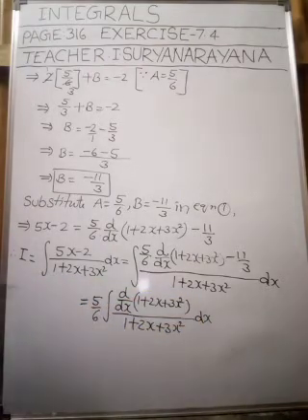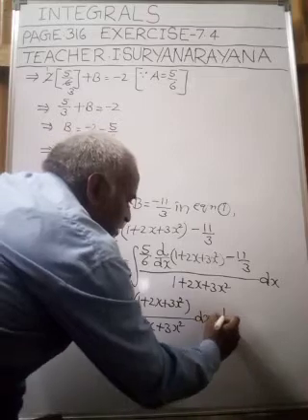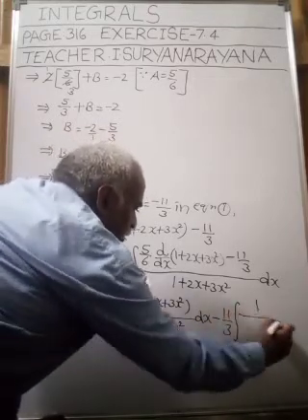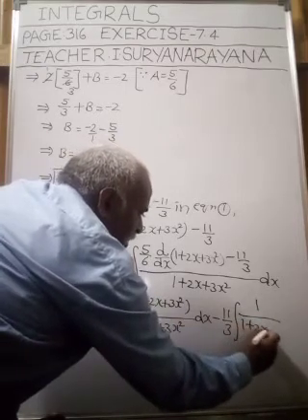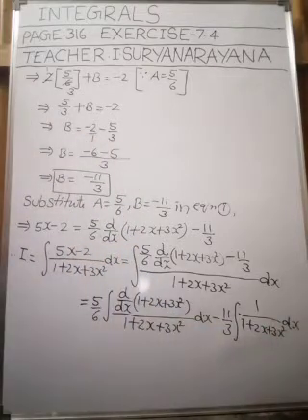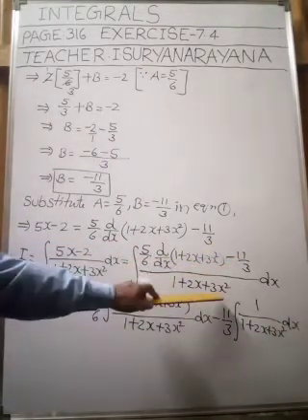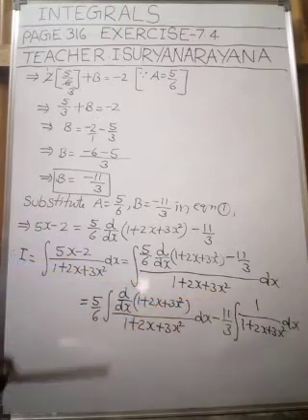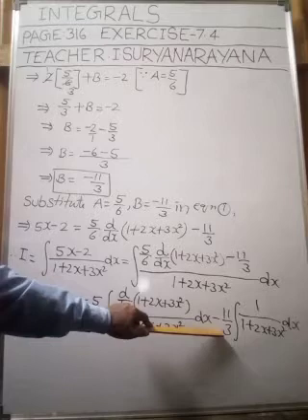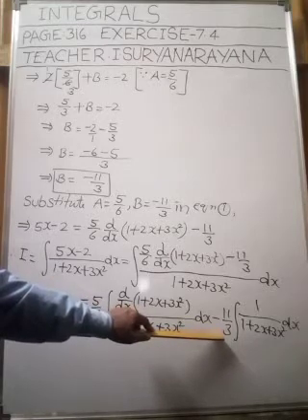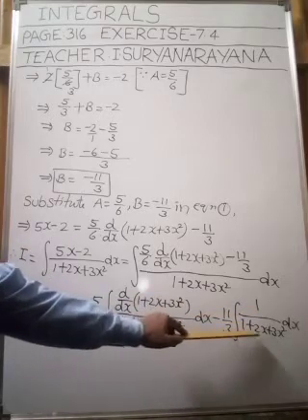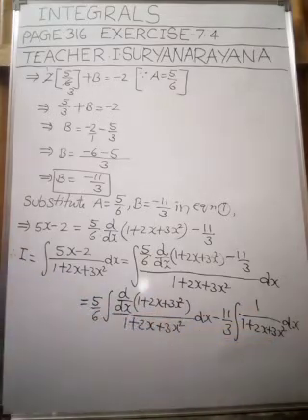Okay, my children, right. We write second fraction, minus 11 by 3 integral 1 by 1 plus 2x plus 3x square dx. Minus 11 by 3 is a numerical coefficient, so we wrote minus 11 by 3 outside before the integral sign, and the remaining part, integral of 1 by 1 plus 2x plus 3x square dx.